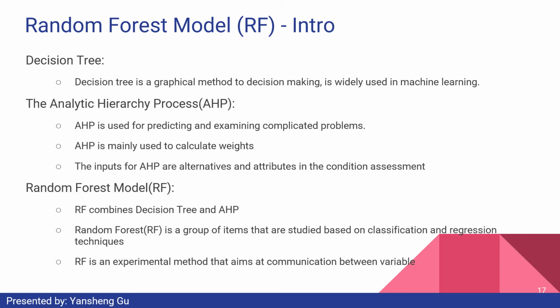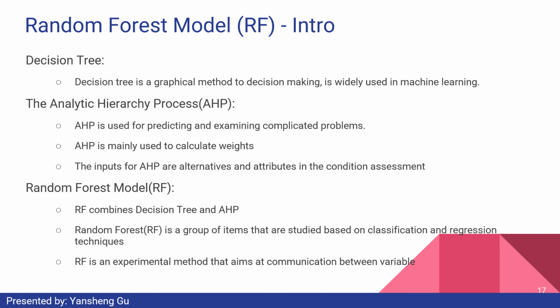Combinations of separate performance indicators with one of the main performance indicators are done to allocate different weights for each attribute. The process of AHP is mainly used to calculate weights. Furthermore, the inputs for the AHP are alternatives and attributes in condition assessment.